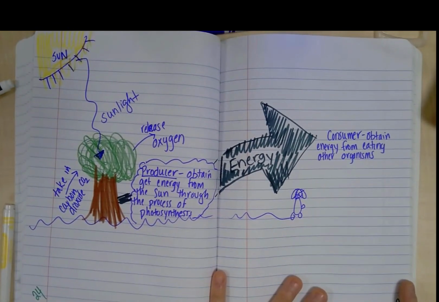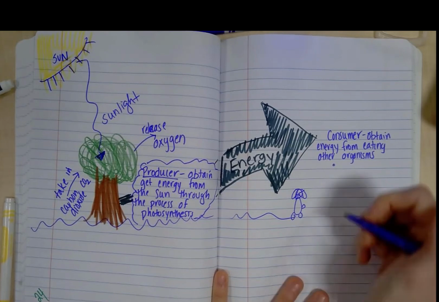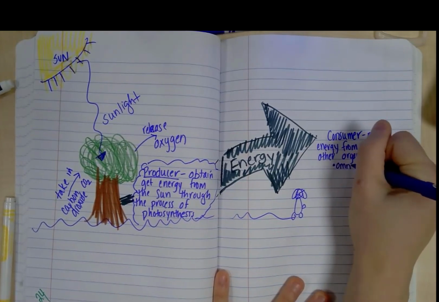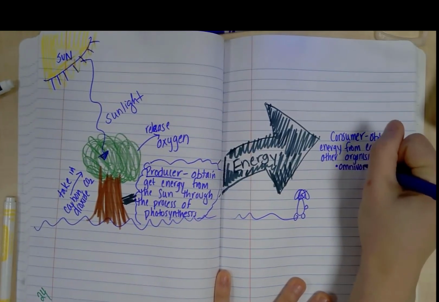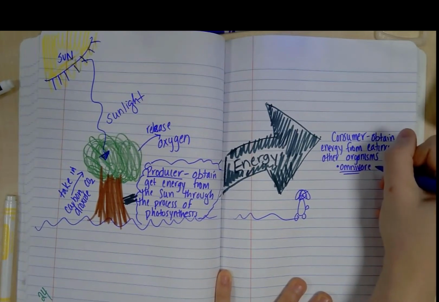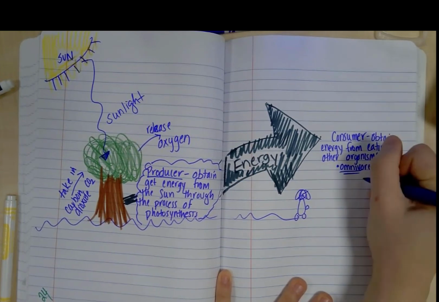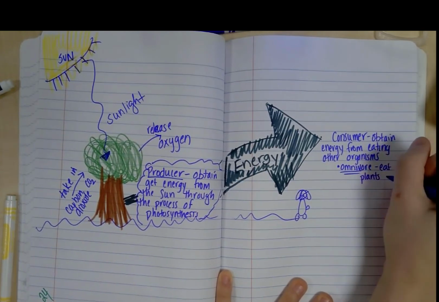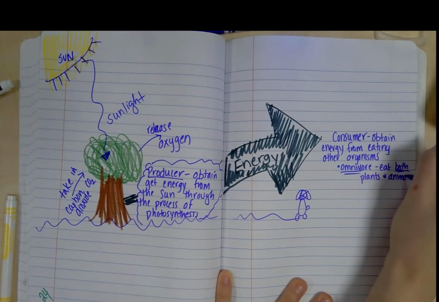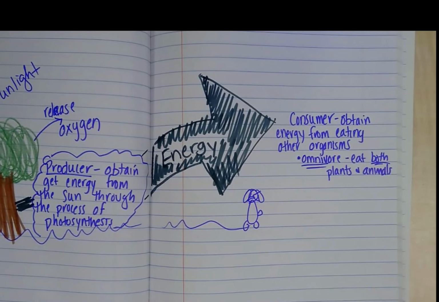So when we're talking about 3 different types, one type is omnivores, and the prefix omni means both. So they eat both plants and animals. That would be, for example, like us. We eat both plants and animals.